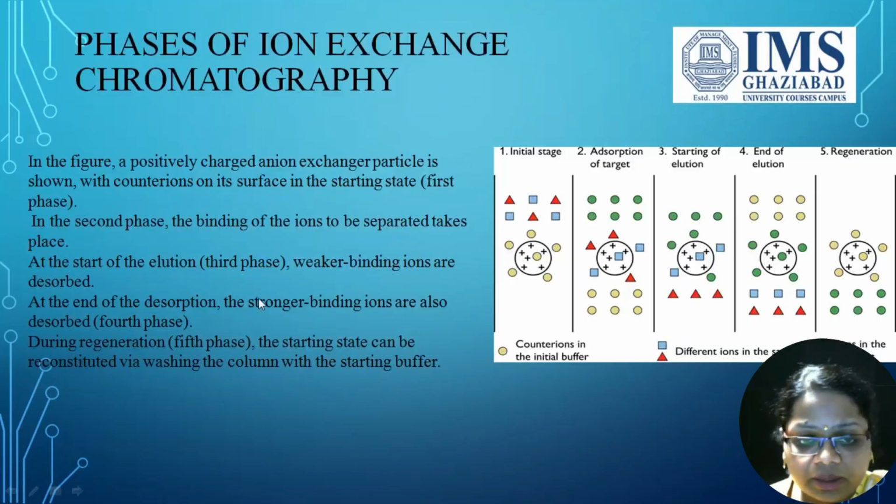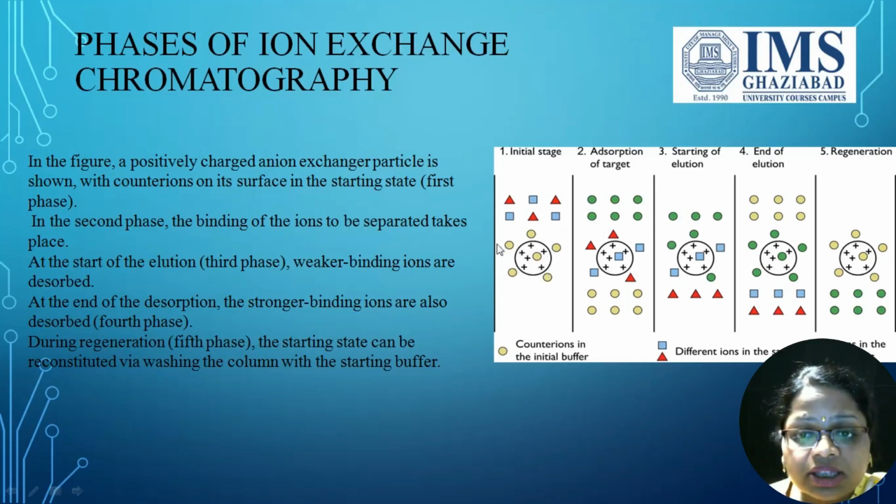This is the diagrammatic representation which will clear all your doubts. This is the initial stage. Now you can see this is the matrix that we were talking about, or the exchanger or the stationary phase. This is positively charged. To this positively charged matrix, we have these yellow colored functional groups, or we call them counter ions.